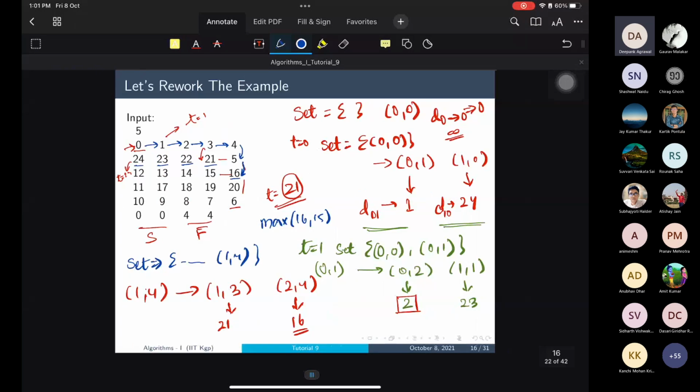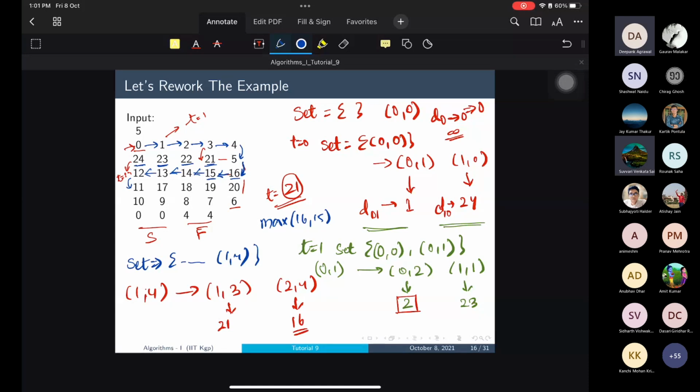So max is 16. So again, in the unvisited set, we have 24, 23, 22, 21, and 15 and 16. Still 16. So we again keep moving in this direction.